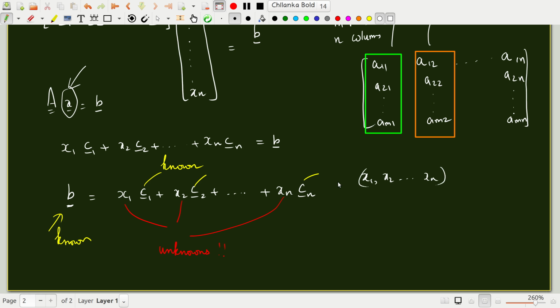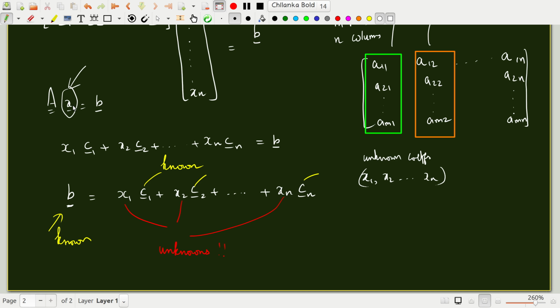So we are basically boiling down this problem to solving for the unknown coefficients of this expansion of the known vector b in terms of the column vectors of A, and the coefficients of that expansion can be thought of as the unknown solution vector x.